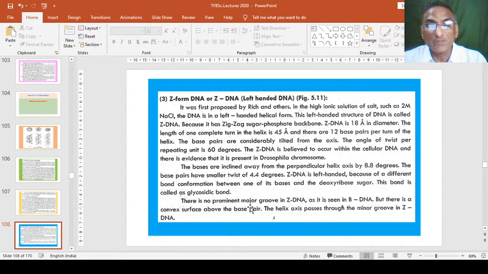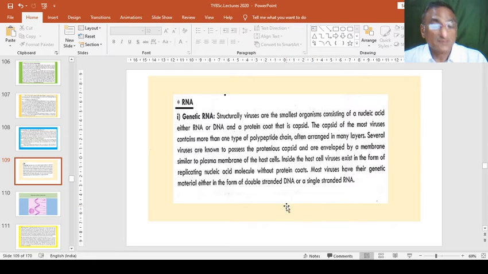There is no prominent major groove in Z-DNA as seen in B-DNA, but there is a convex surface above the base pair. The helix axis passes through the minor groove in Z-DNA. So this is about all the arrangement types of DNA.